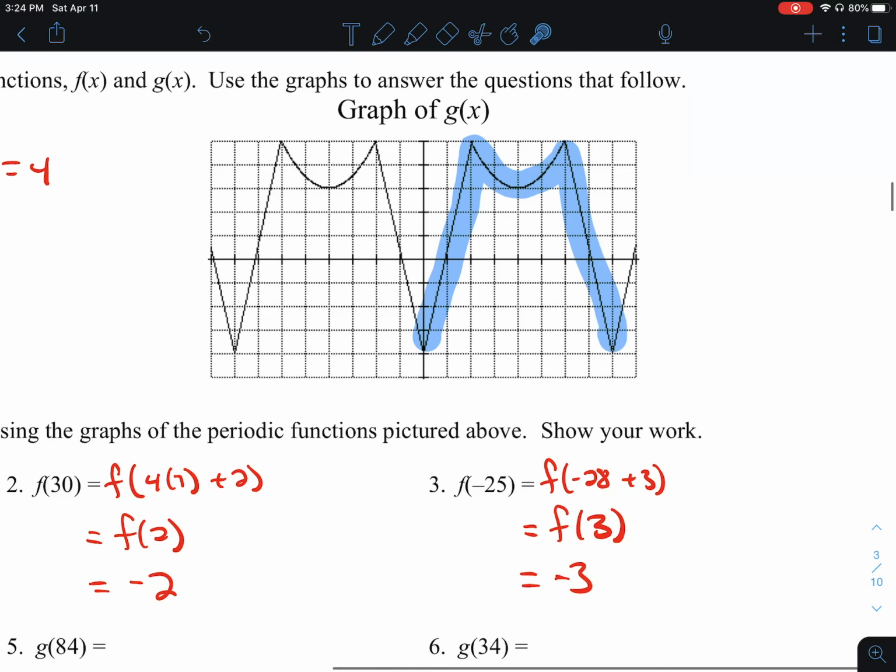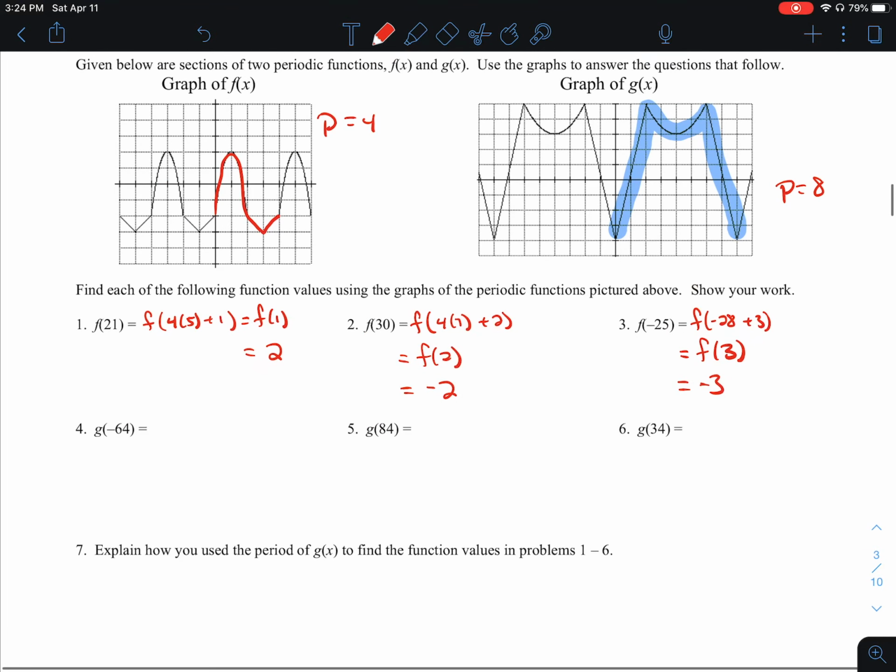That is 1 cycle, and its length is 1, 2, 3, 4, 5, 6, 7, 8. So when I'm doing these problems down here, I need to have multiples of 8 and then add on or subtract any extra numbers to get me to the number that's listed here.